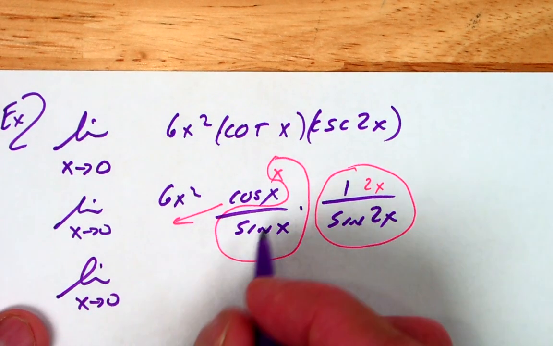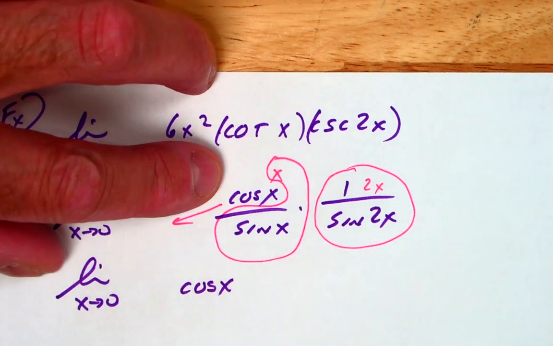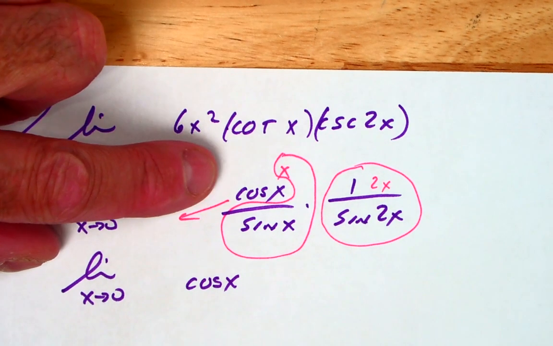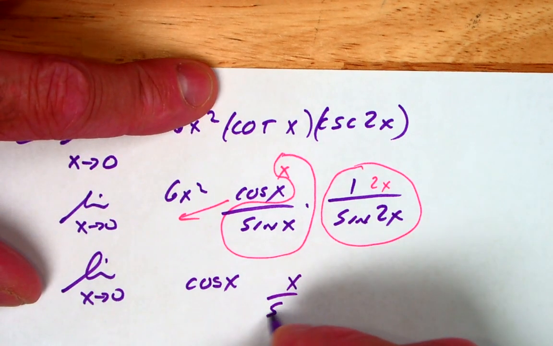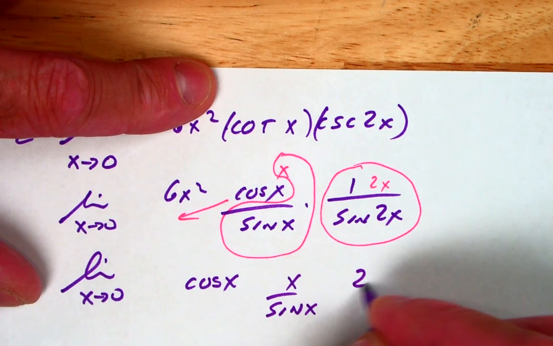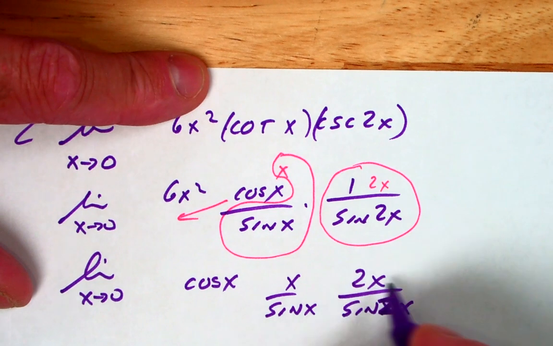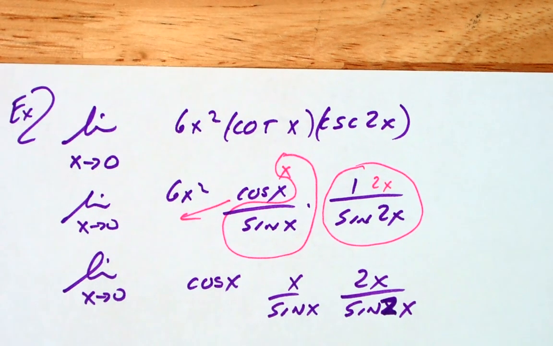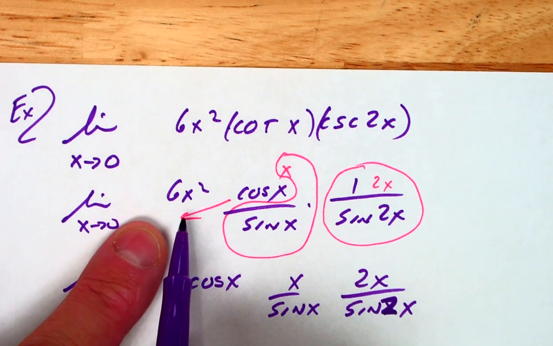So I'm going to take this cosine and just move it over because that kind of shows what I need to do. If I had an x sine x and a 2x sine of 2x, where could I steal the x and 2x from? 6x. Yeah, the 6x squared. Okay?